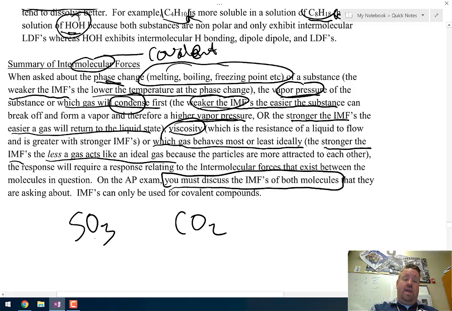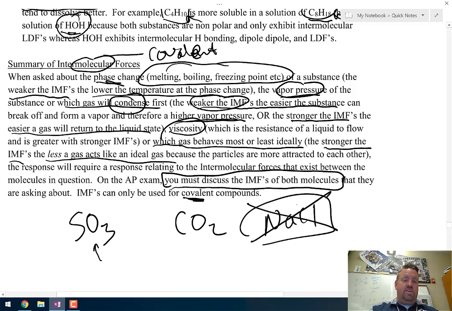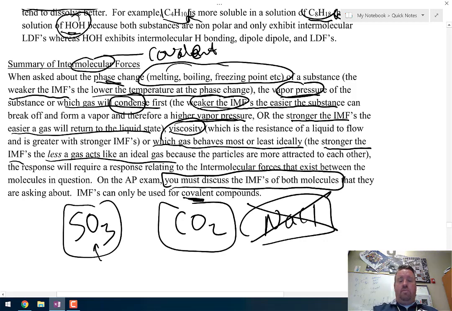However, SO3 has a larger electron cloud and is more polarizable, therefore the boiling point of SO3 would be greater. And again, only for covalent compounds. If you compare that to NaCl, you don't talk about intermolecular forces ever if it's an ionic compound. Only when you're dealing with all nonmetals do you deal with intermolecular forces.